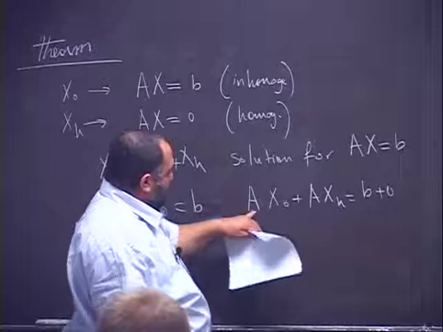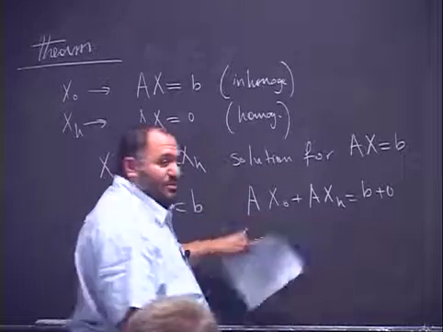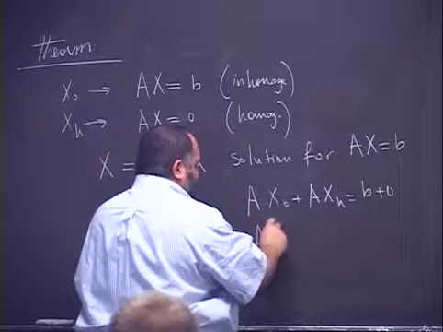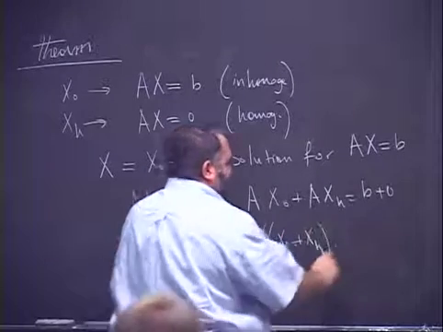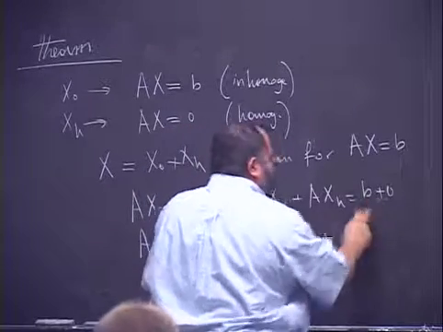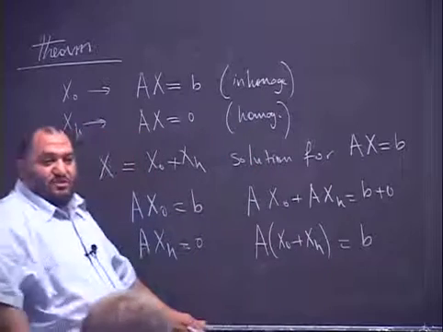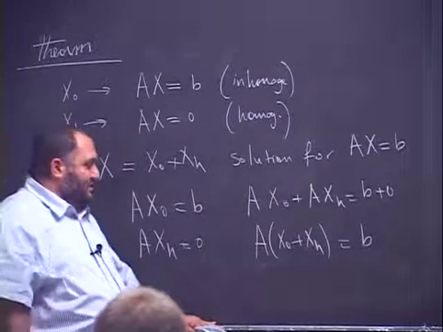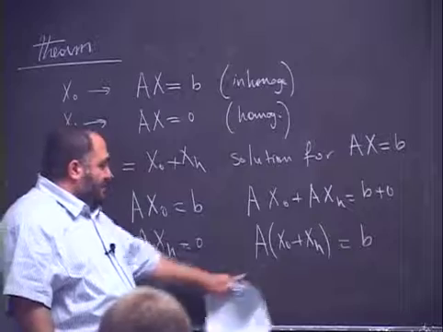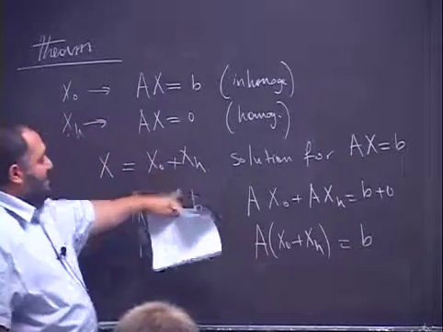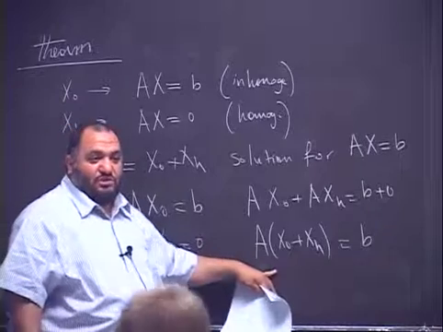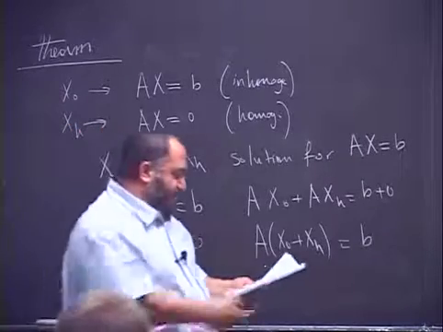So you can take A as a common factor, and this will give you A times x naught plus Xh is equal to B, since the vector B plus the 0 vector is the same vector B. So in this case, x naught plus Xh will be a solution for the inhomogeneous equation. It's a very easy derivation.